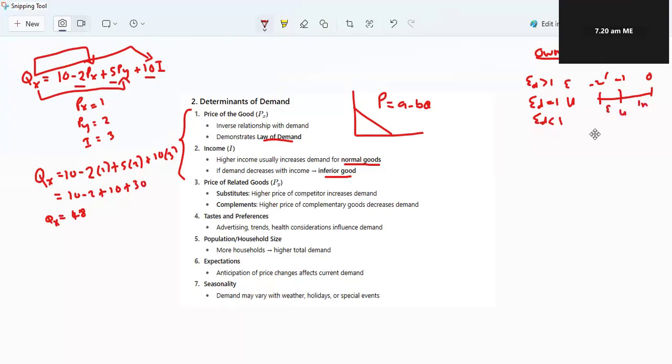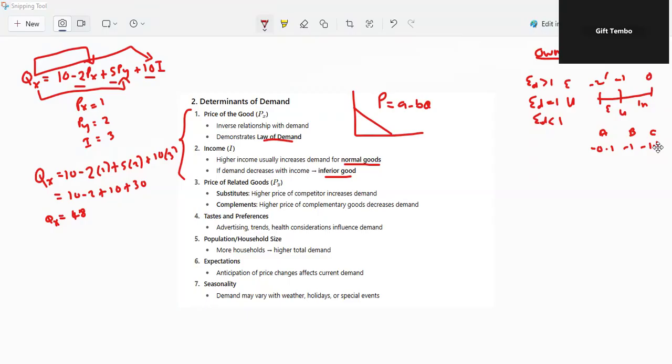So if we're given random values A, B, C: 0.1, -1, -1.1. Which one is elastic, inelastic, and unit elastic? So A is inelastic, yes.